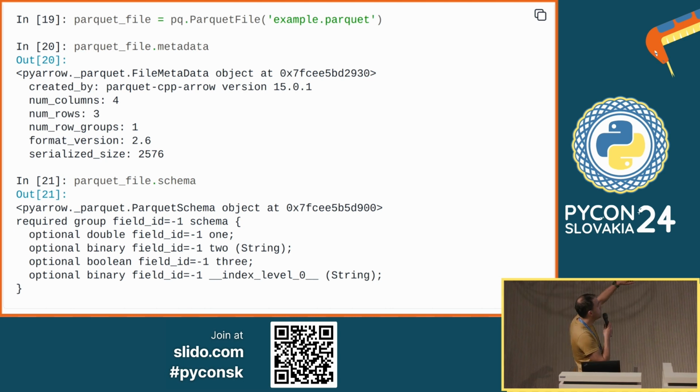The metadata you can see on the top. There you see the number of row groups, which are usually about 100-something megabytes. Down there you can see the schema. Based on that schema, data are stored.